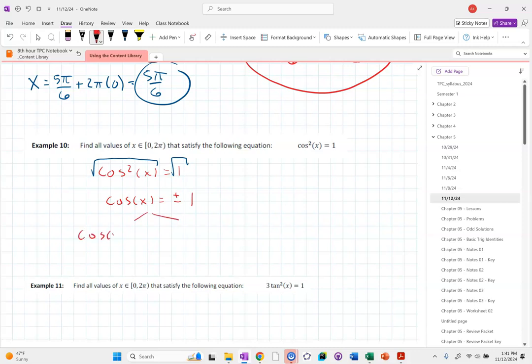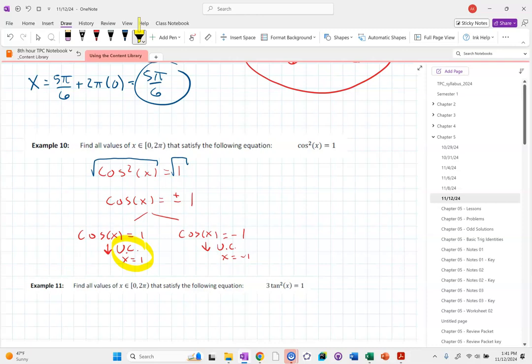So what I really need to think about this as is cosine x equals 1, and then cosine x equals negative 1. And then I can go to the unit circle and look for where x is 1, and then go to the unit circle and look where x is negative 1.